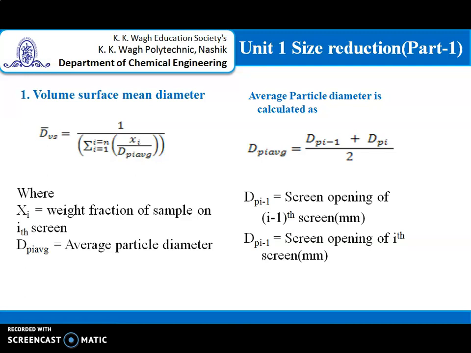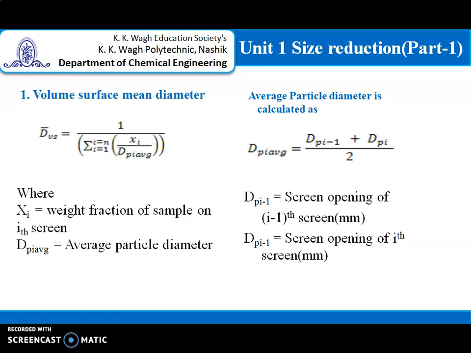There is only one exception, where we use the mechanism of size reduction as cutting, and typically when we use dies or dicers for cutting, then and only then will we get particles of regular shape and size. In other cases, the sizes of the particles vary from finest to coarsest.